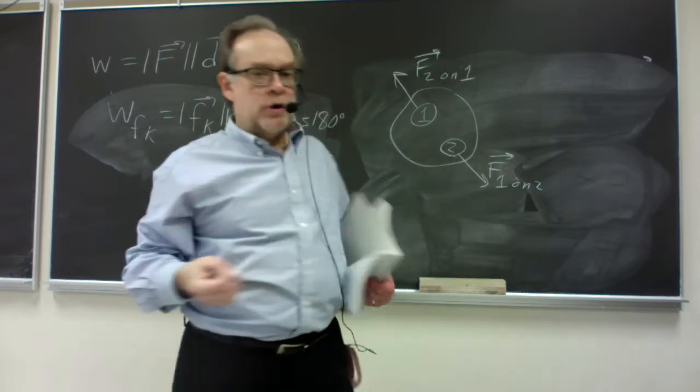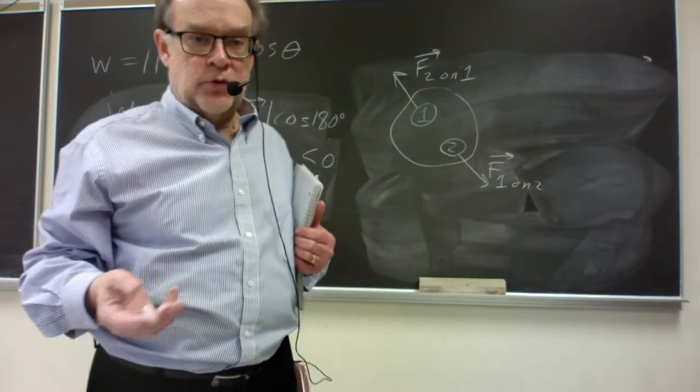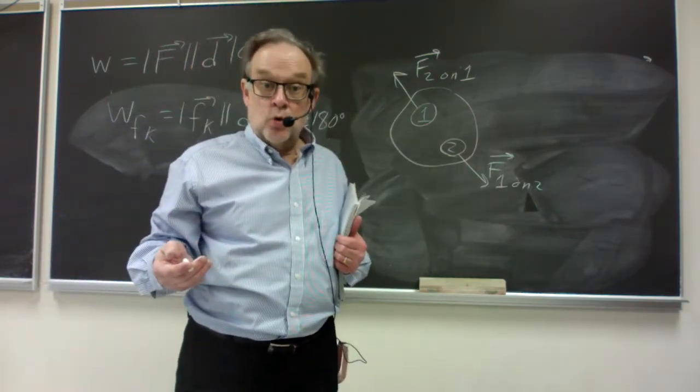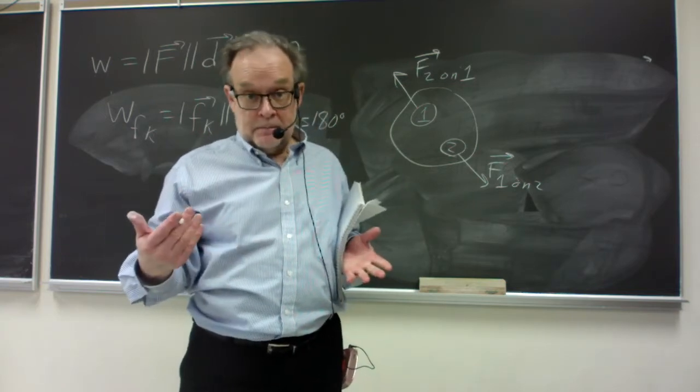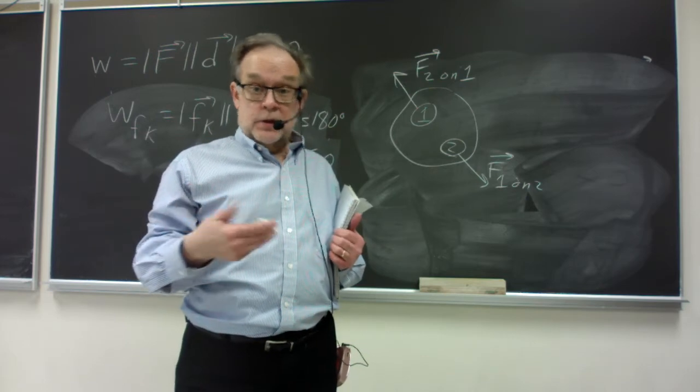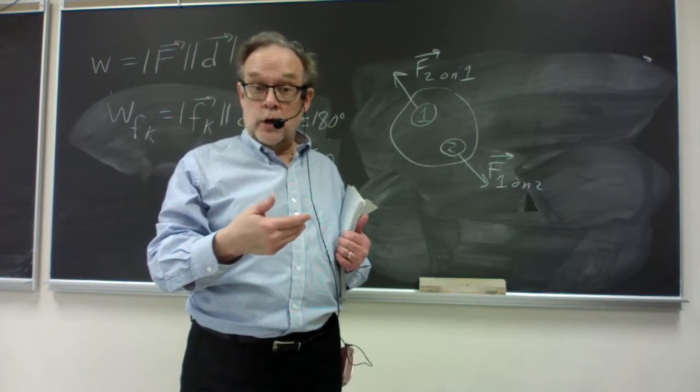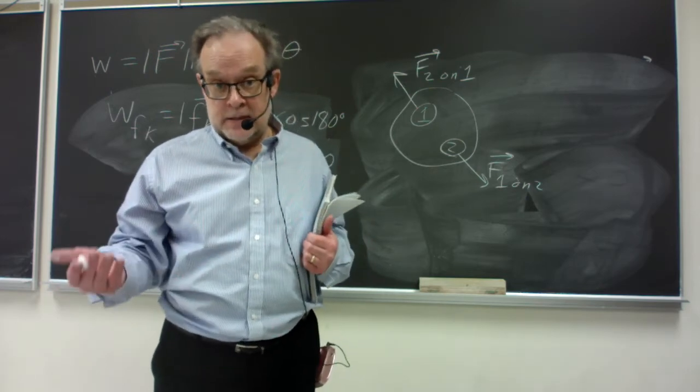And if one and two are moving while they're feeling those forces, then work is done. And let's say it turns out that the work done on thing one is positive.